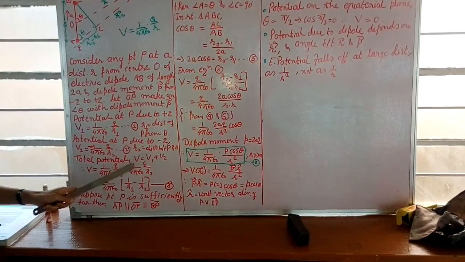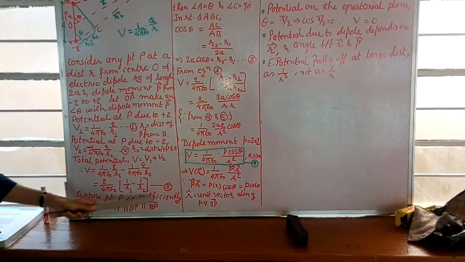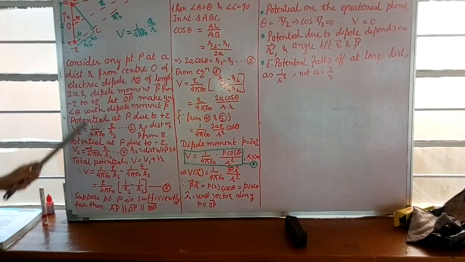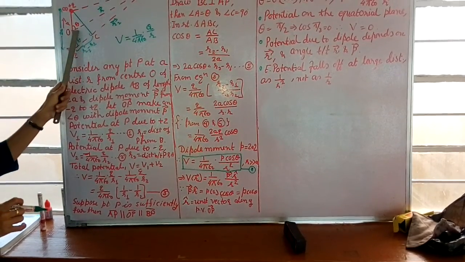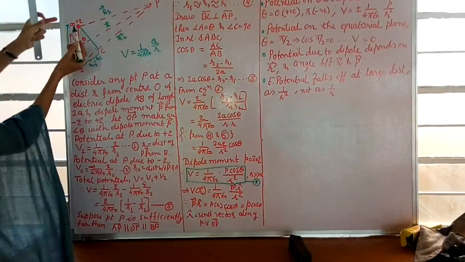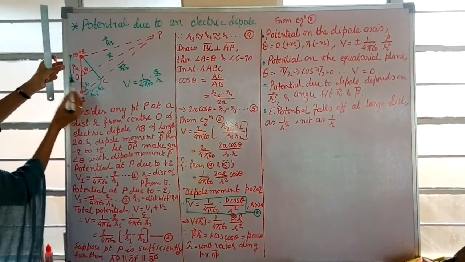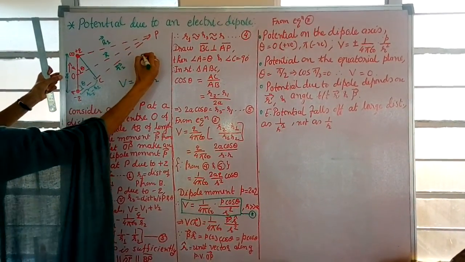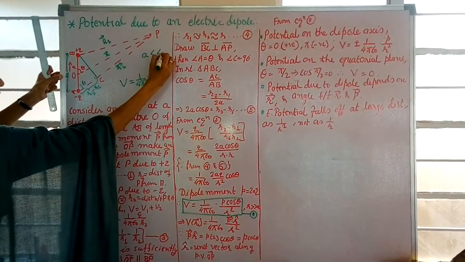Now we are going to make one assumption, that P is sufficiently far. That means point P is very far from O compared to the dipole length. The length of the dipole AB is 2a, but we consider P to be very far, so a is much less than r.